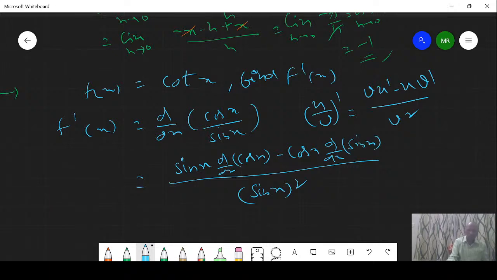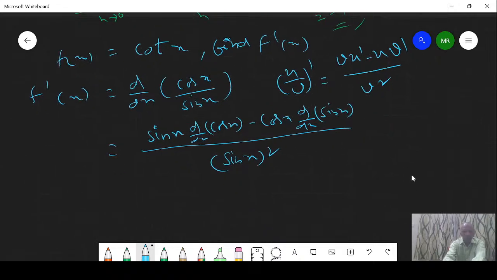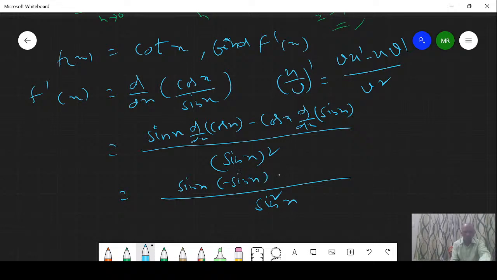Applying this, we get denominator sin square x, numerator sin x into derivative of cos x, which is minus sin x, minus cos x into derivative of sin x, which is cos x. Now you can observe this is minus sin square x minus cos square x by sin square x.